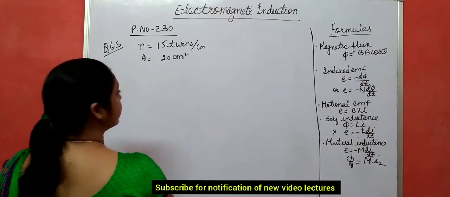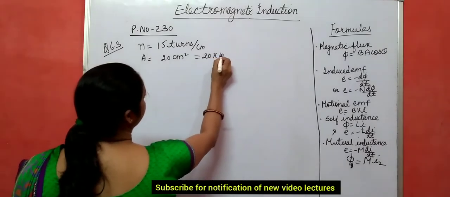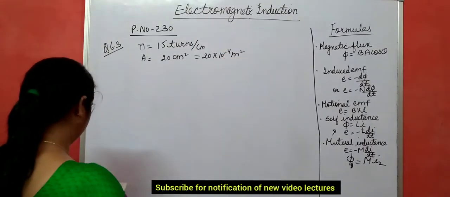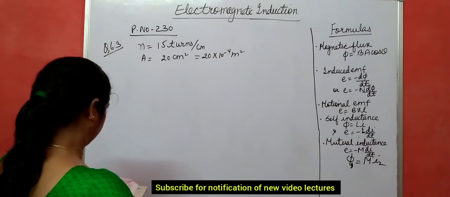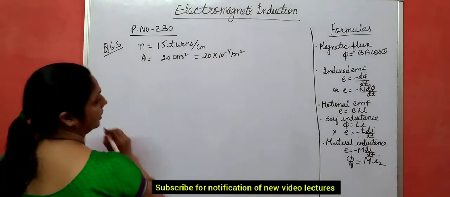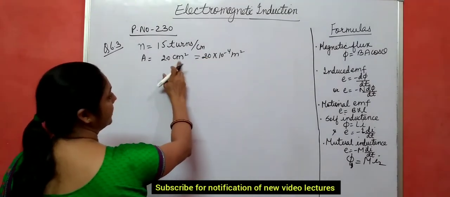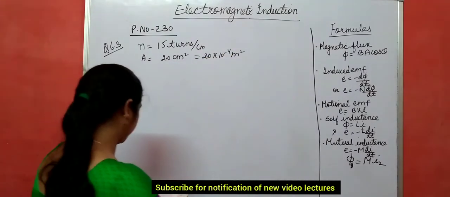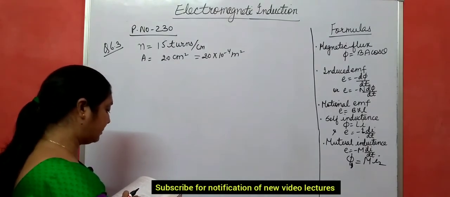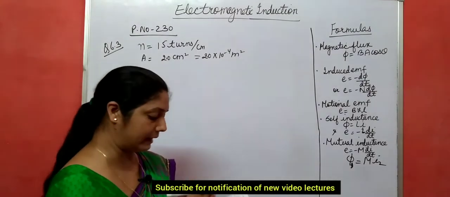You have to convert this into meter, and 1 centimeter square is 10 to the power minus 4 meter square, so it becomes 2.0 into 10 to the power minus 4 meter square. Now, it is placed inside, normal to the axis of the solenoid. It means the angle is 0.